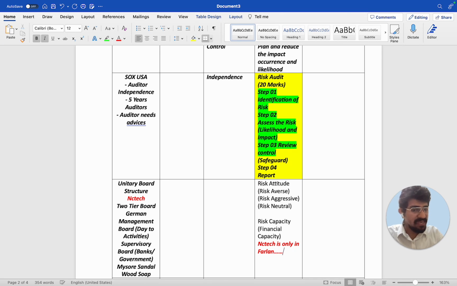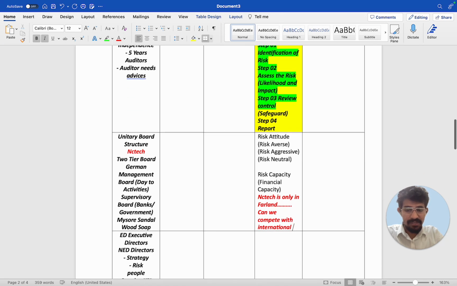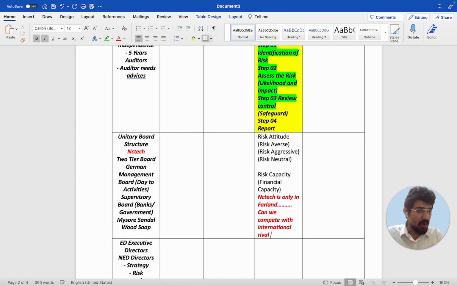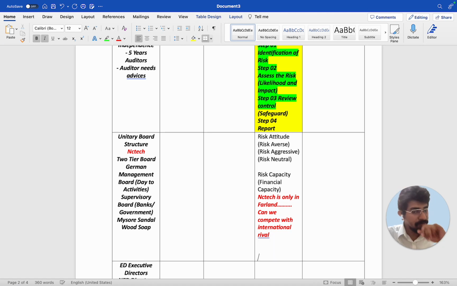That is one challenge for us. The biggest challenge is, can we compete with international rivals? That question can come. International rivals like Dropbox may come into Falun and give a free or cheaper product. We have to be very careful with that.